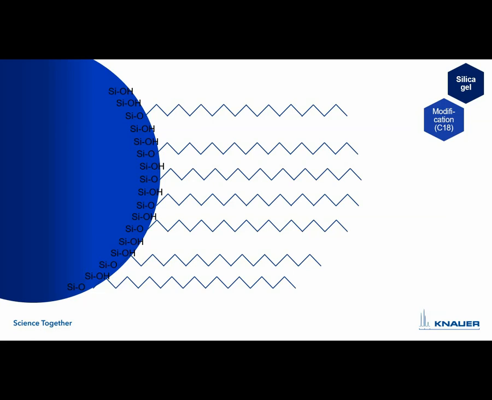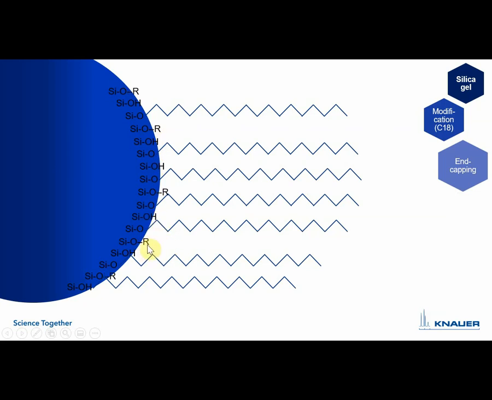If you produce a reversed phase particle, you can do a second step and bring a different group on it, and this is called the end capping. By end capping, we mean you do the same again as in the first modification step, but you don't take these long chains of C18 because you won't cover a lot more of these groups just because of the steric interaction.